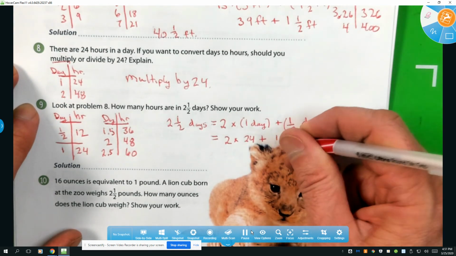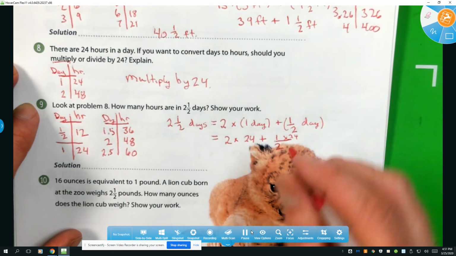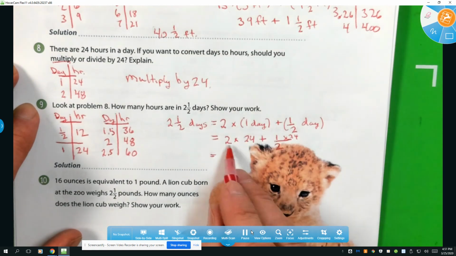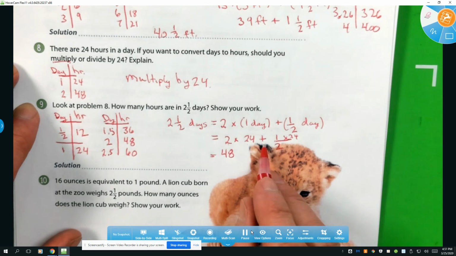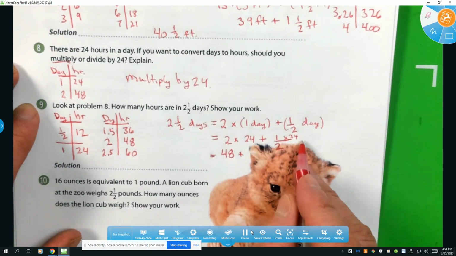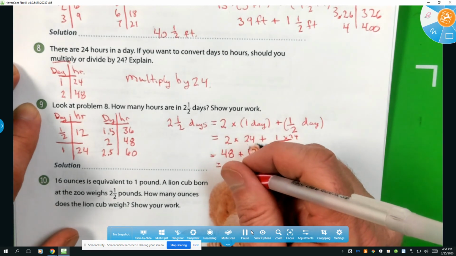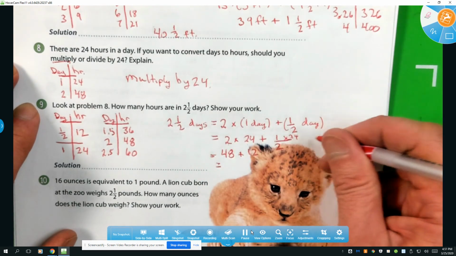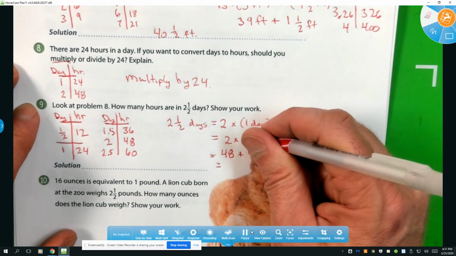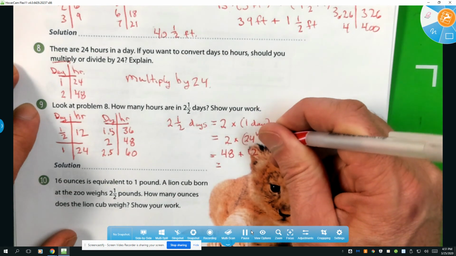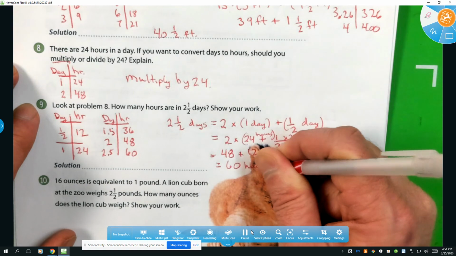And we could do it that way. So when I do that whole thing, I get 2 times 24, which is 48, plus 1/2 of 24, which is 12. And that's going to equal, when we're all said and done, and by the way, we converted our measurement to hours. Sorry, I didn't put that hours. 60 hours.